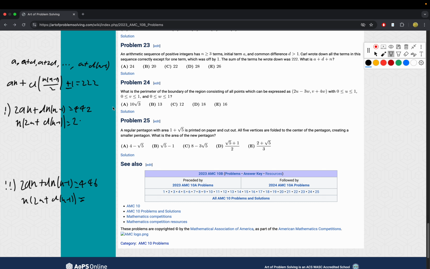It's not divisible by 3, 5, 7, 11, 13, maybe? Is 91 divisible by 13? Yes, by 7. So this should be 13 times 17. Is it right? Yes, it is right.